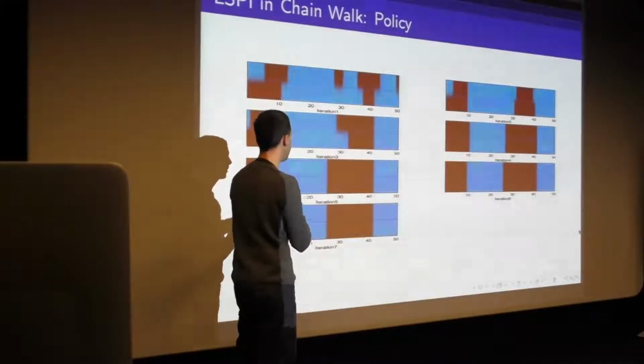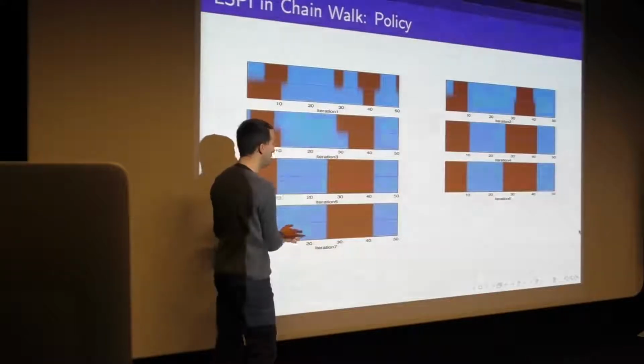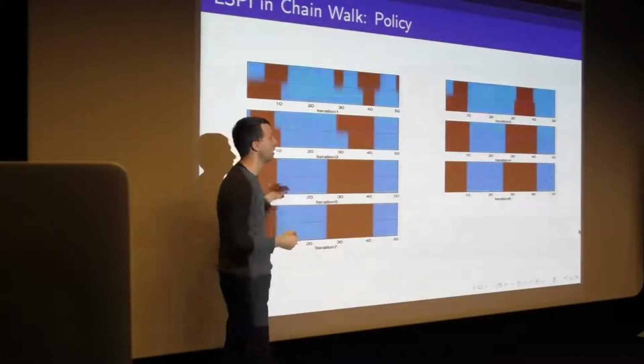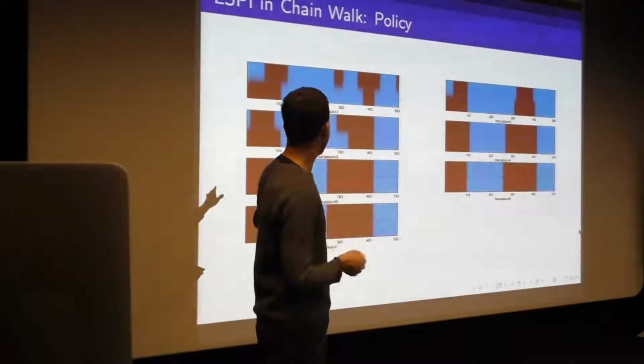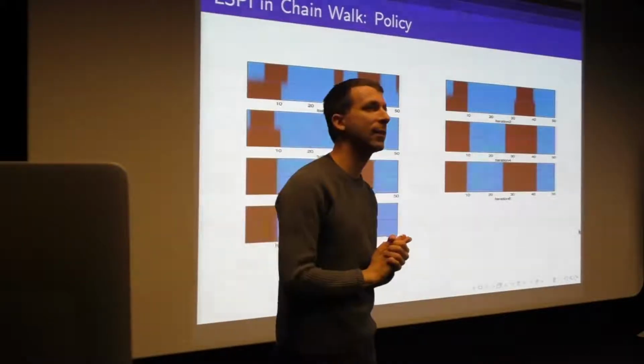This shows you whether it chooses to go left or right, and you see that by iteration 7 it's already making the right decisions. Even earlier, in fact, it gets the right decisions in this space, where red is right and blue is left in this case.